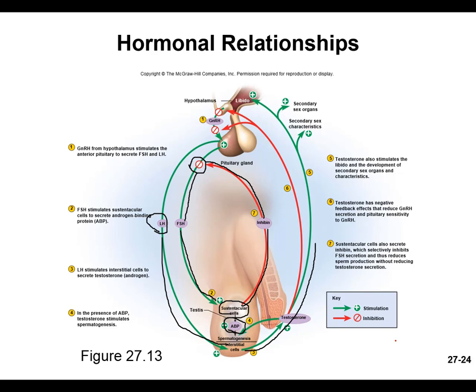Now, once we get into adulthood, testosterone is really going to sustain your reproductive tract, sperm production, and libido, as we've shown in this hormonal relationships graph. We do see after the age of 20 a decrease in testosterone production, a decrease in cells, and a decrease in sperm that corresponds with this.